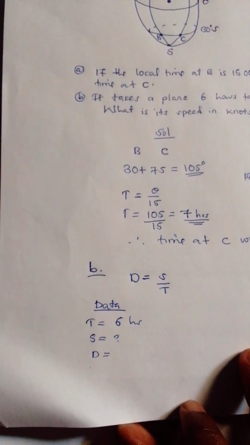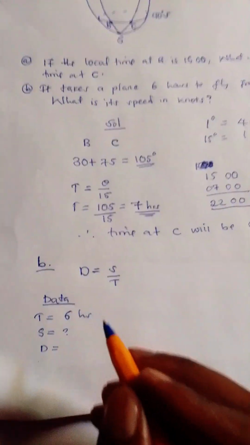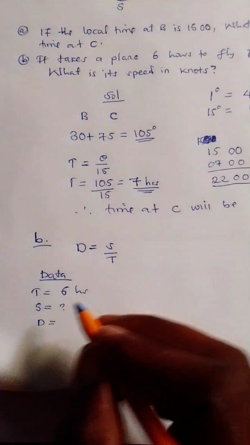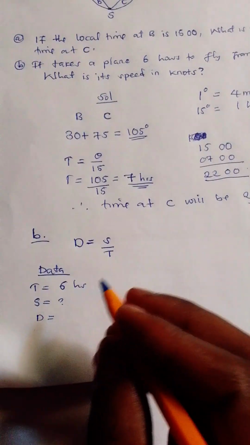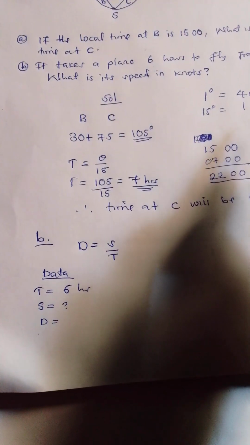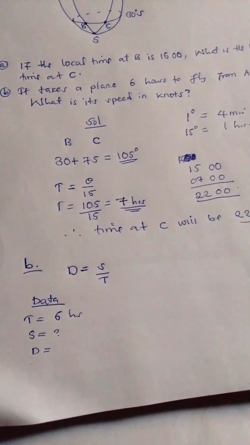So we first calculate the distance between these points A and B. After calculating distance, since we already have time, we are going to calculate speed from that.